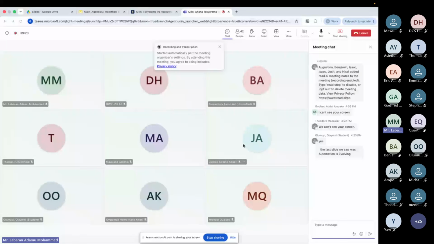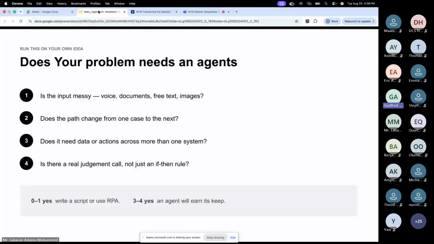Now, can you guys see my screen? I don't know why my Chrome is messing up. Kindly, someone should just prompt me if my screen is not showing, so I can do the needful.